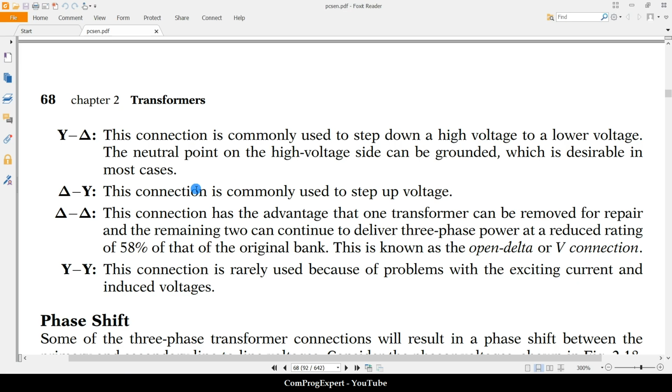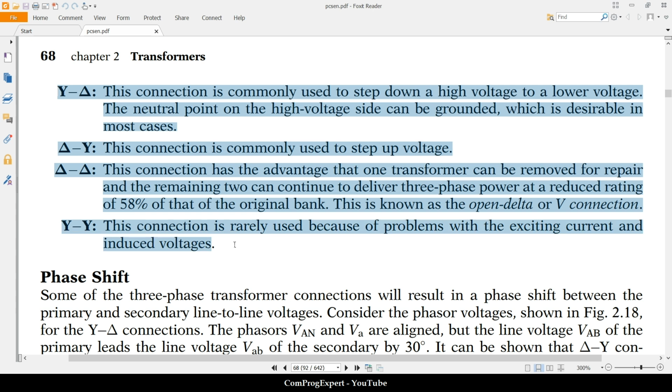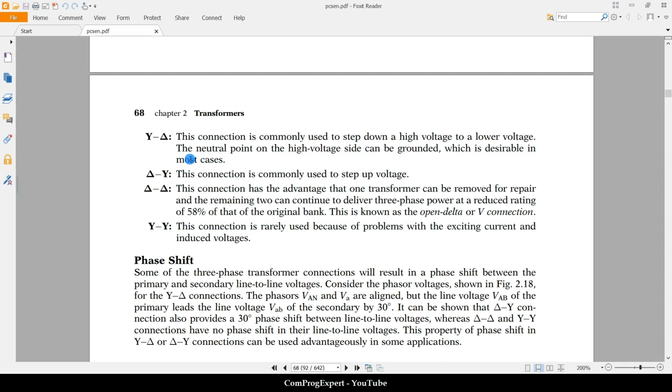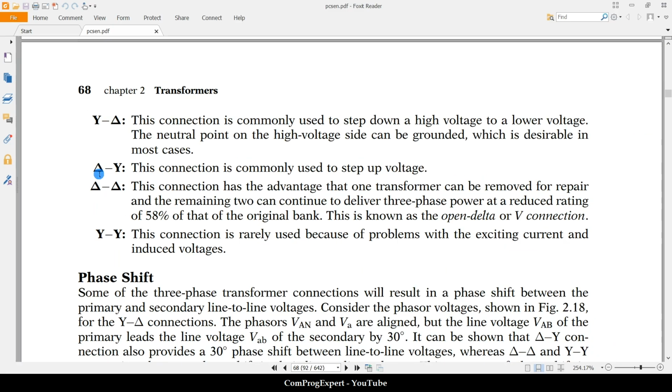Anyway, so here we have a quick review of these four connections and the usage of these connections: when we use a Y-delta connection, delta-Y connection, delta-delta, and YY connection. Y-delta: this connection is commonly used to step down a high voltage to a lower voltage.